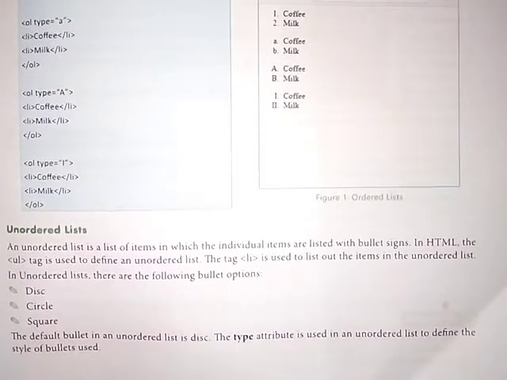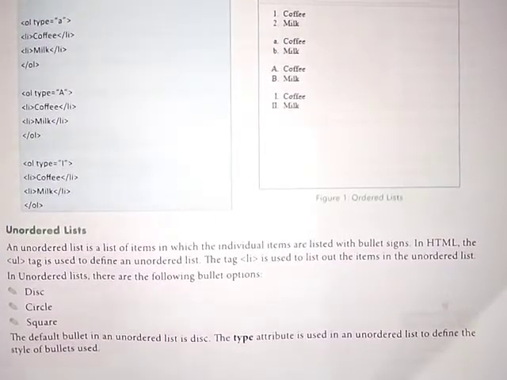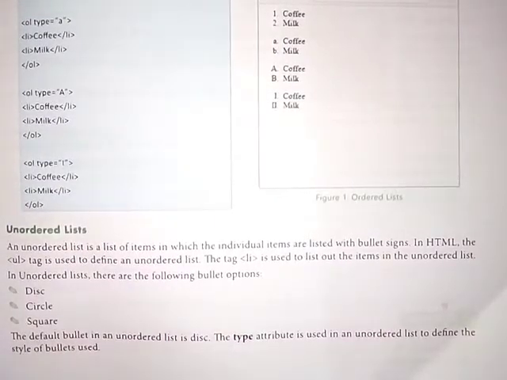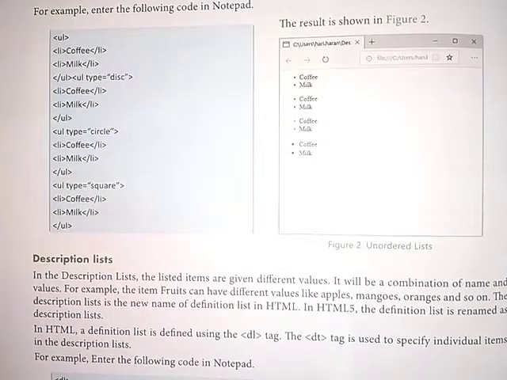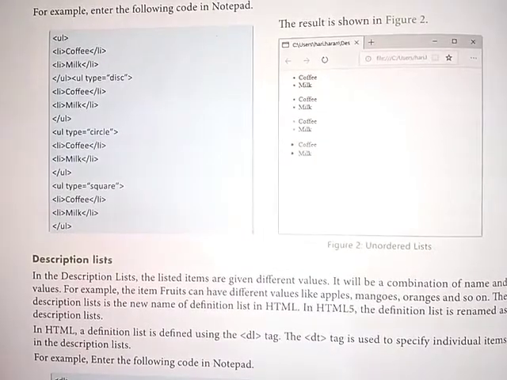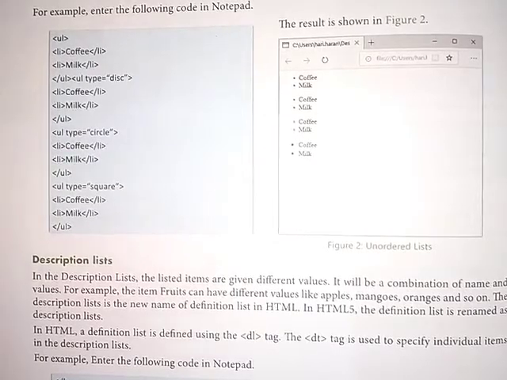In an unordered list, there are the following bullet options: disc, circle and square. The default bullet in an unordered list is disc. The type attribute is used in an unordered list to define the style of bullets used. For example, enter the following code in Notepad.